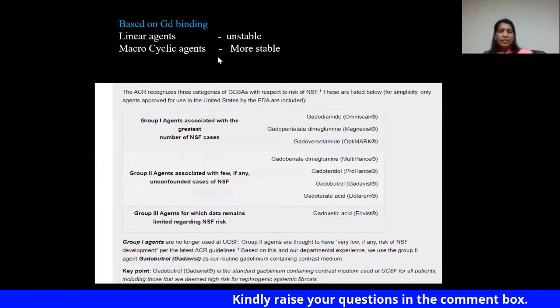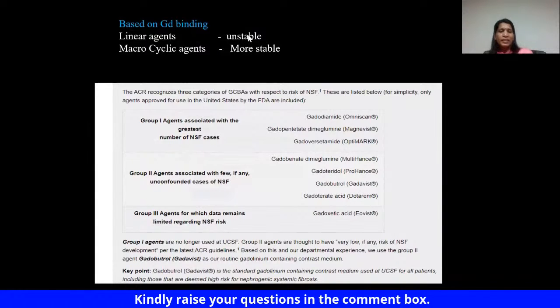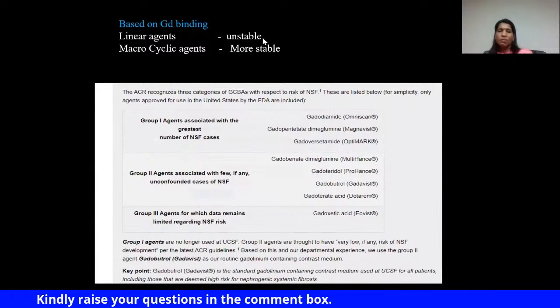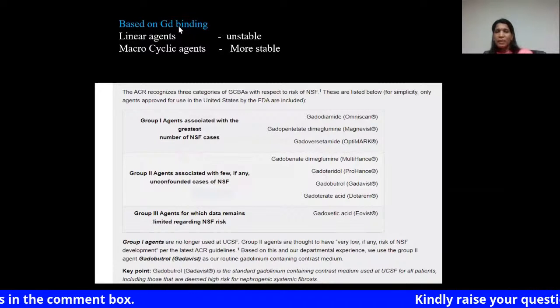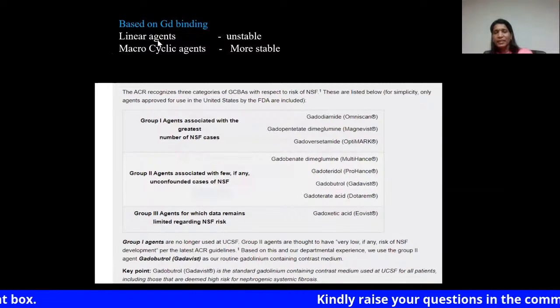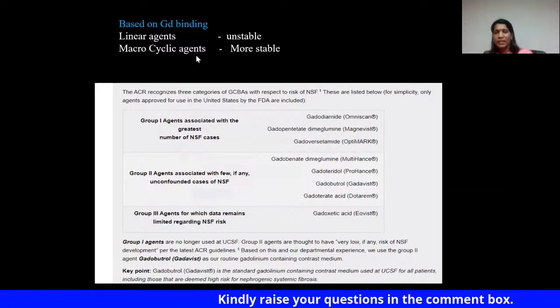And nowadays, this free gadolinium release is more with the linear agents. Based on the gadolinium binding, we can classify the agents as linear agents and macrocyclic agents.